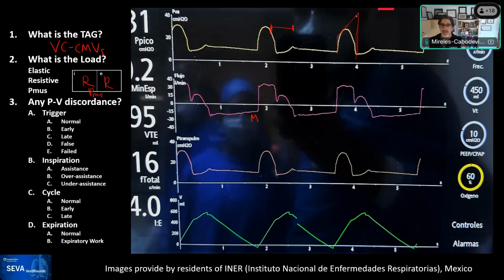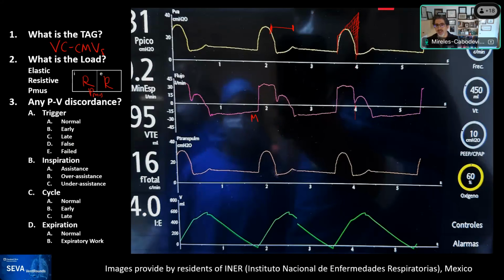I'm a little bit off, but we're missing all this peak over here, all this area that I'm shading, and that's why it's so important to memorize how the waveform should look in a passive patient. You have lost all of that peak, and the only way you can lose that peak is by PMOS.